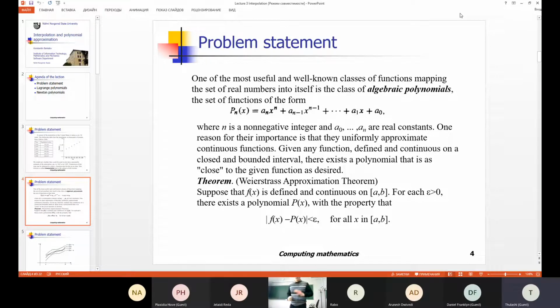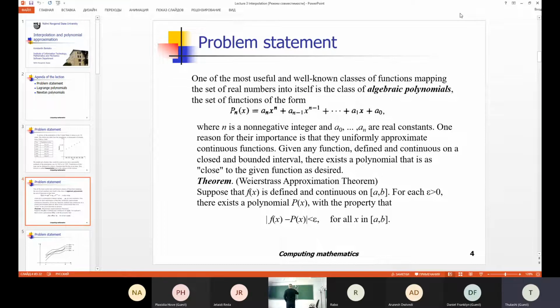Very good. So we considered in detail what a polynomial is and how to define it. One remark before we continue: a polynomial can be written in many different forms.